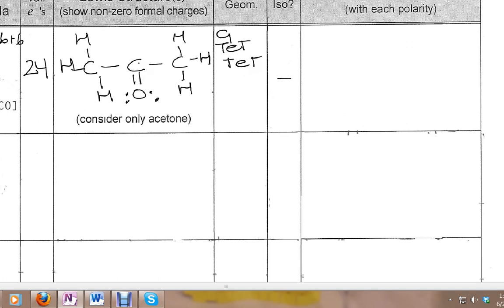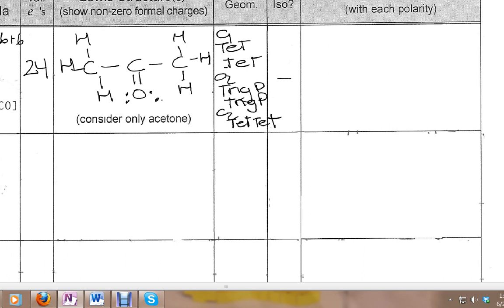Now here, this carbon has 1, 2, and 3 domains. So what is it? Carbon 2 is trigonal planar, and trigonal planar because all of them are atoms. It doesn't matter if it's a double bond, you don't count them for the geometry and molecular shape. And here carbon 3 is another tetrahedral.